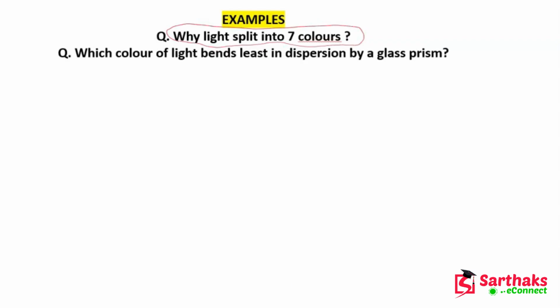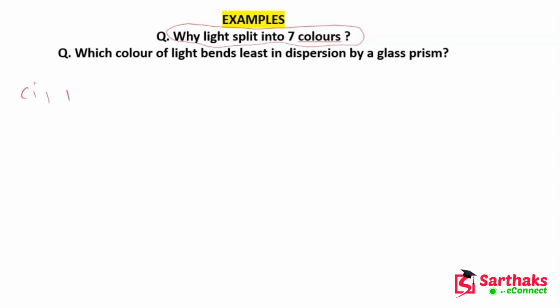We know that each color of light bends at different angles, so that's why this type of dispersion is shown and light splits into the 7 colors. I hope you have got this point.